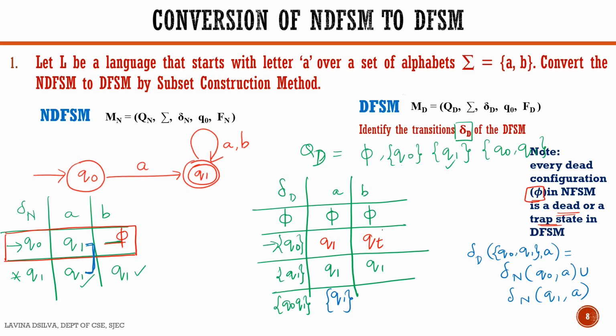And for input B, it is the union of these two transitions, again that is Q1. Since Q1 is the final state of NFSM, wherever Q1 is present as an element, all those states are final states of the DFSM.